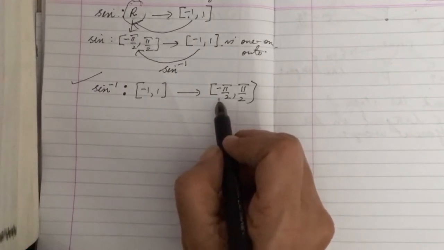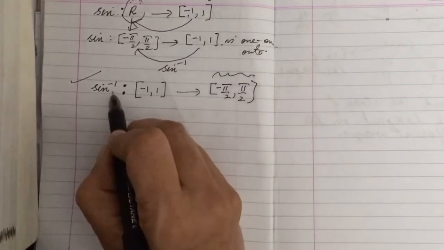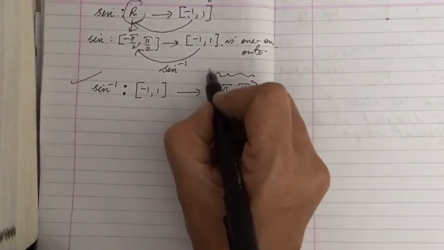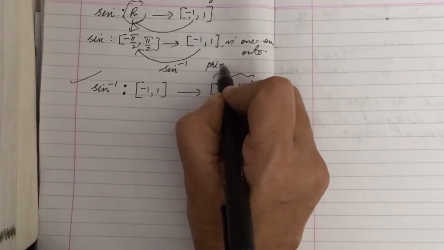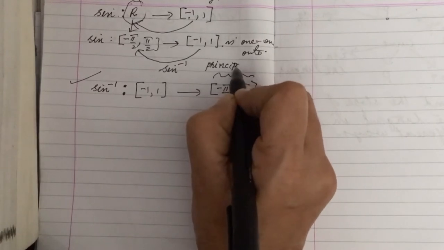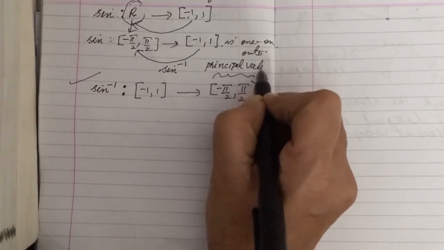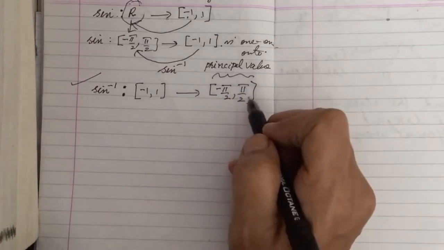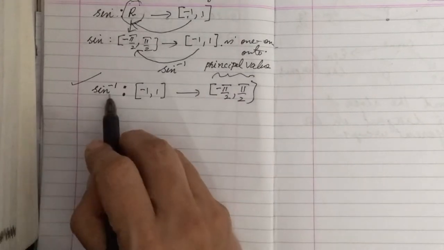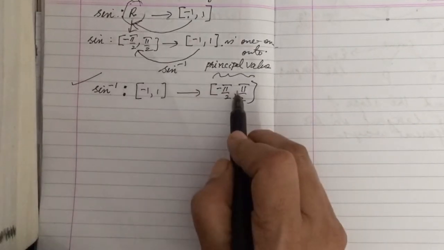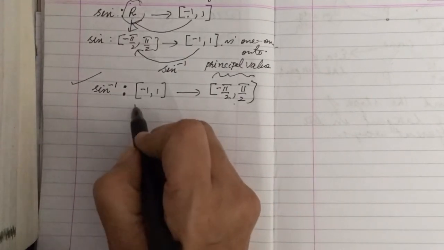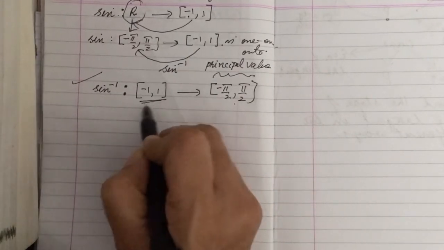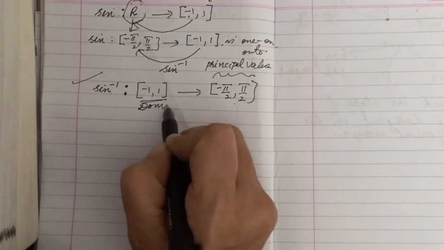This branch, this value of sine inverse function, is known as principal value branch, or we usually say principal value of sine inverse. The value of the function always comes in the range, and the domain of the function is this first set. This is the domain of the function.